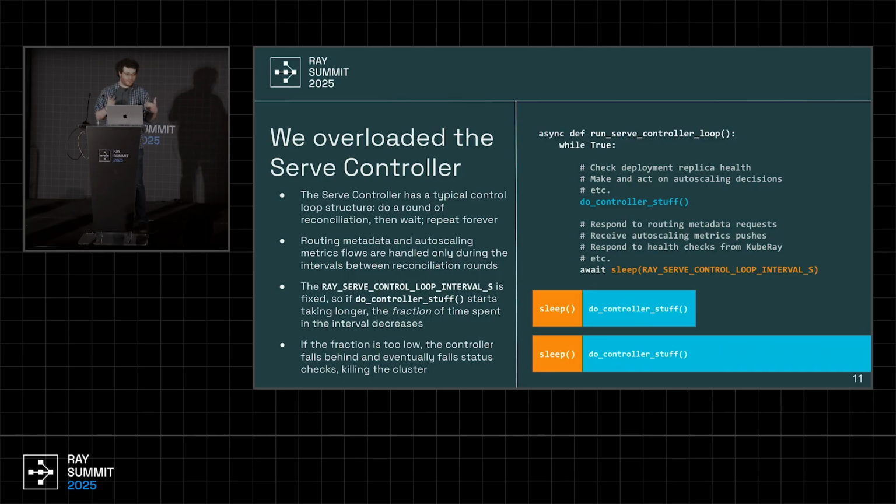At that point, one of two bad things will happen. Either you will miss enough health checks from KubeRay that KubeRay decides the cluster is unhealthy and restarts it, or you will build up so many requests that you actually go out of memory.